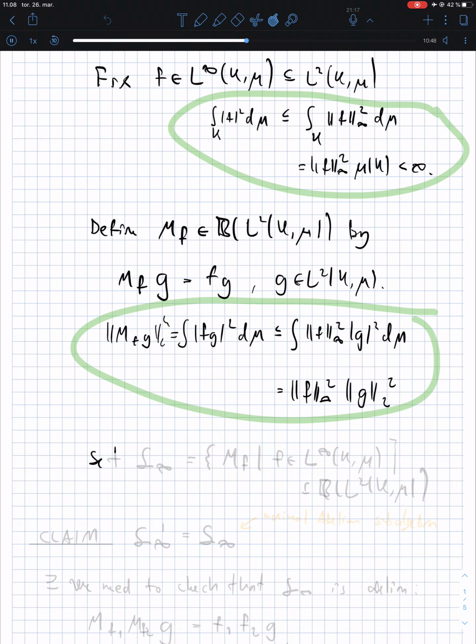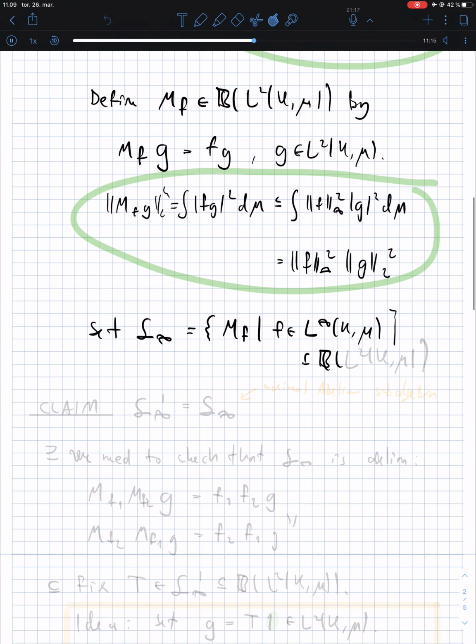And so I will set L infinity to be the set of operators that I can obtain this way. So this lives inside, of course, B of H, which is L2 for me, right? So maybe I'll write it a little bit nicer, inside B of L2 of K, mu.